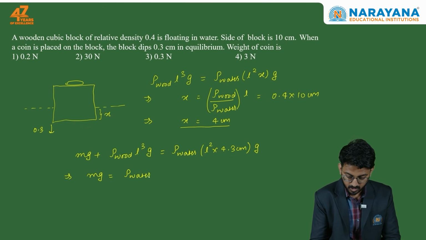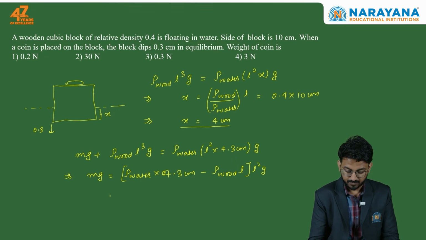mg is equal to rho water into 4.3 centimeter minus rho wood L here, and entire thing multiplied by L square g.